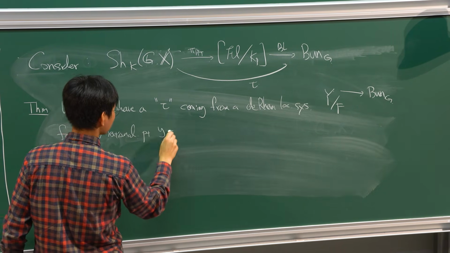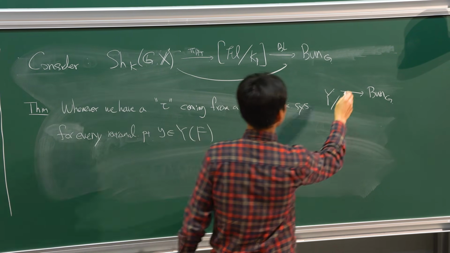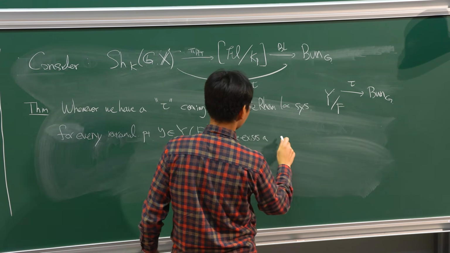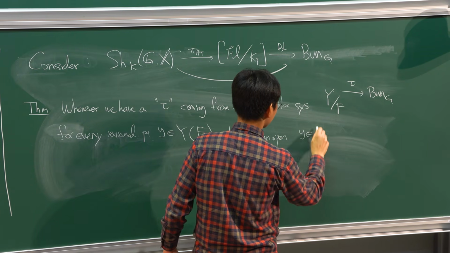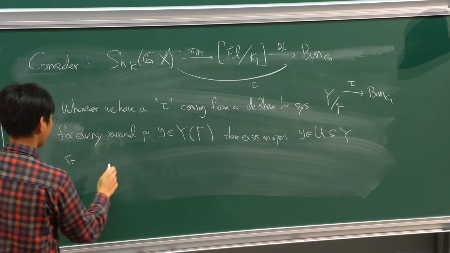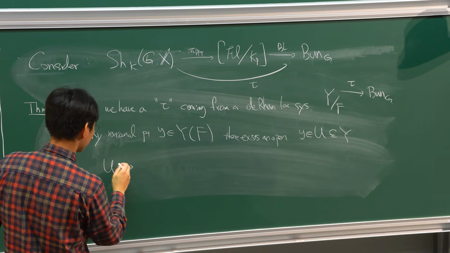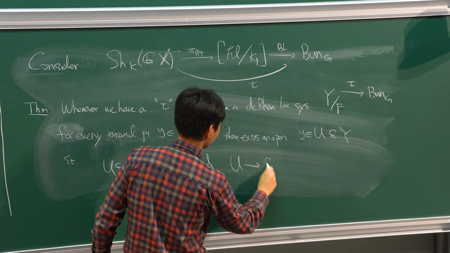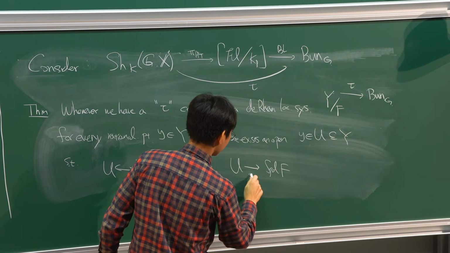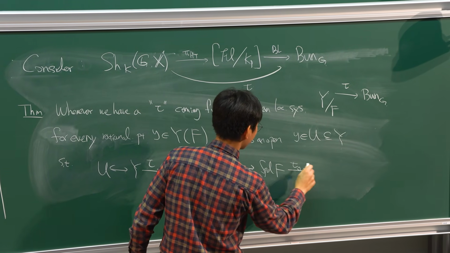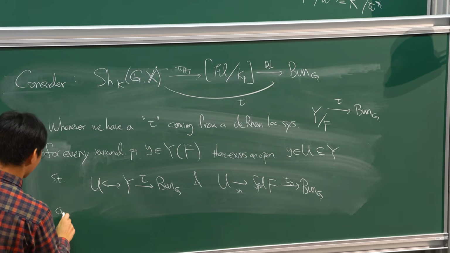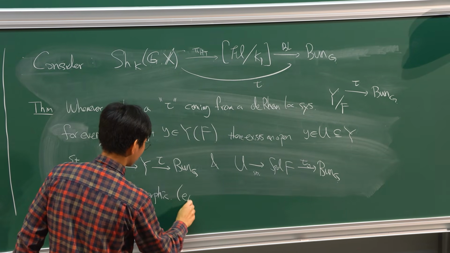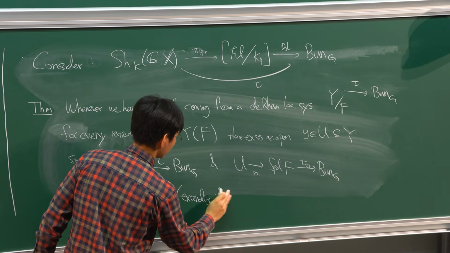For every rational point y inside Y of F, there exists a small open neighborhood U mapping inside Y mapping to Bun-G, and U living over F via the structure map, such that the maps U to Bun-G and tau restricted to U to Bun-G are uniquely isomorphic, extending the identity at y.